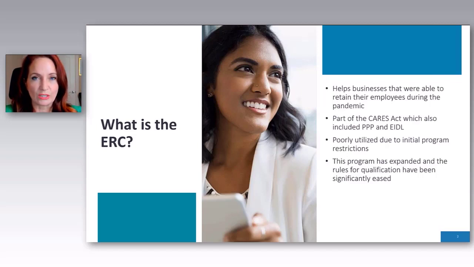They added additional things, including revenue, added other ways of qualifying, and as time has gone on, the IRS has continually added new clarifications on exactly how this works, some even in the last couple of months. So we'll be going over those things and also how to be ready and what they're looking for when they do audits.